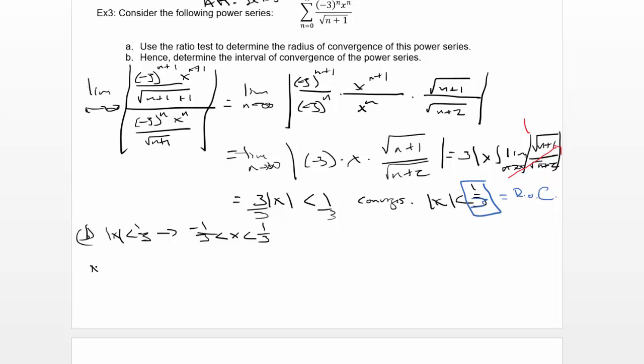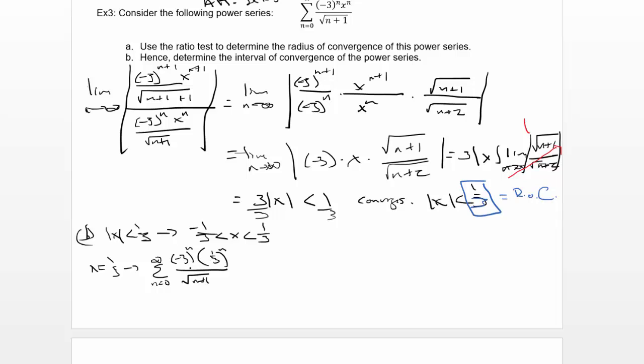When x is 1/3, this gives me the following series, n from 0 to infinity of (-3)^n times (1/3)^n over root n plus 1. These terms have the same exponent, so I could combine them into one term.